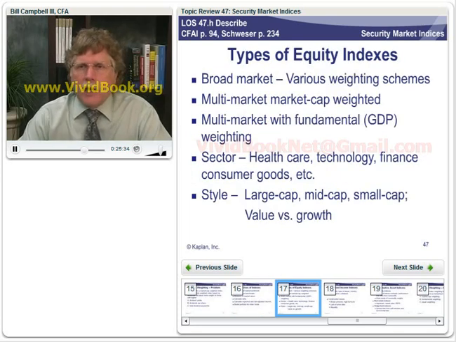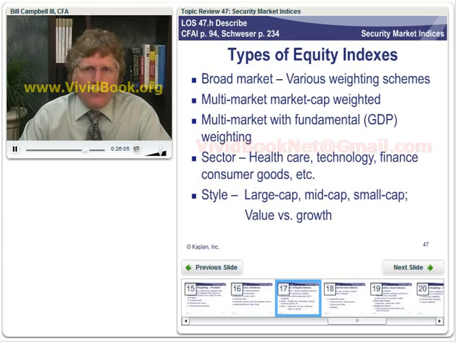What are some types of equity indices? Well, a broad market index could have large cap, mid cap, small cap stocks in all sorts of sectors. They could use any of the weighting schemes we talked about: value weighted, price weighted, equal weighted, fundamental weighted. You might have a multi-market index, so you might have an equity index that has securities not just from a single country but from multiple countries.